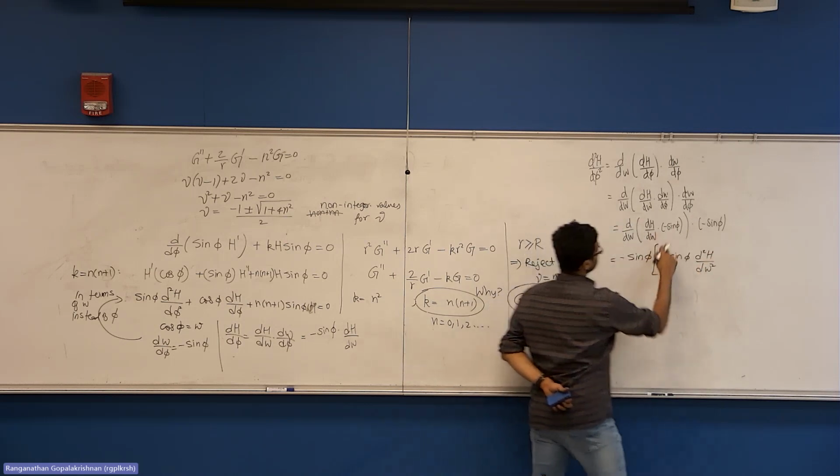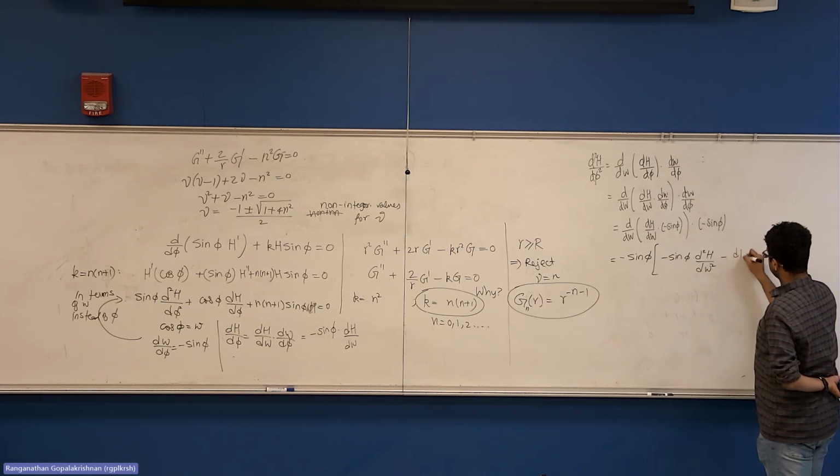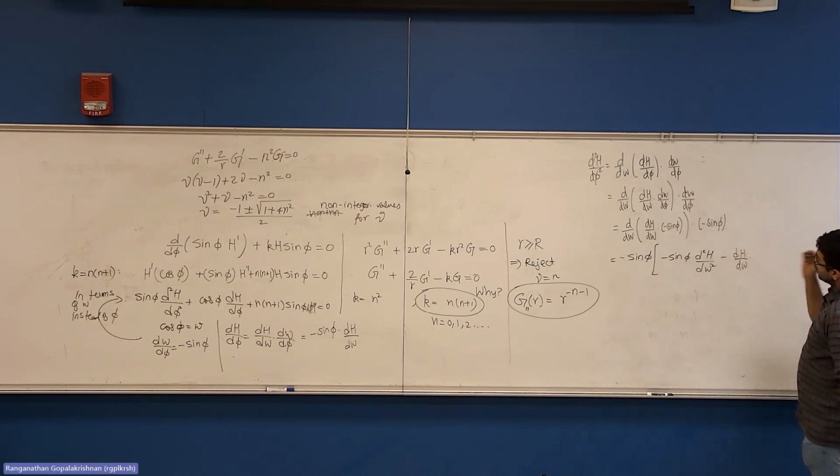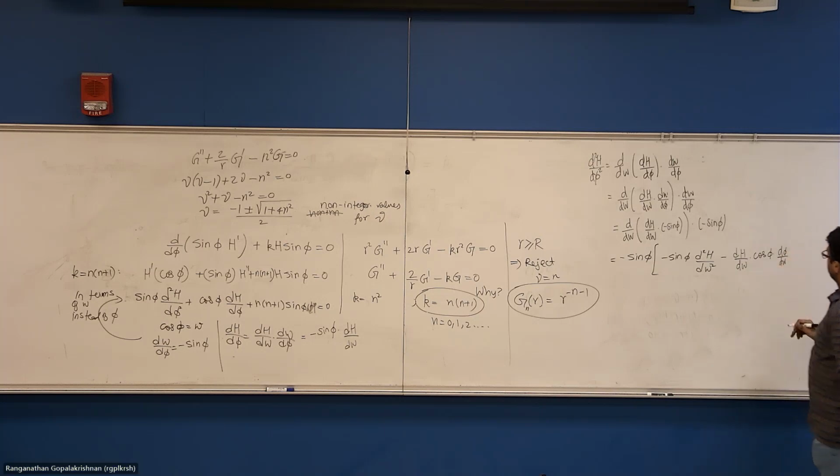And then you're saying we should differentiate this, which if we do, this would be minus dh over dw times, what is the derivative of sin phi with respect to w? That would be cos phi multiplied by d phi over dw. What is d phi over dw?